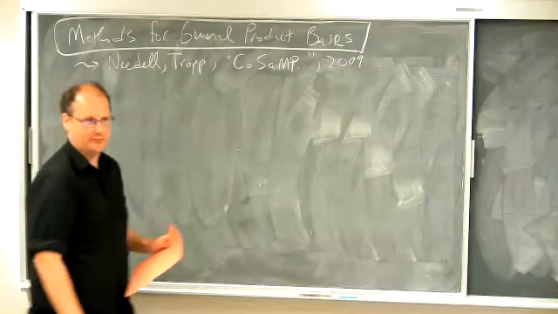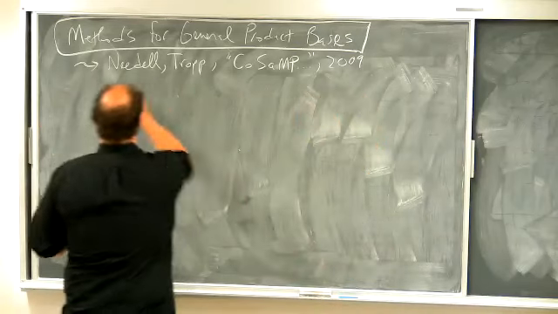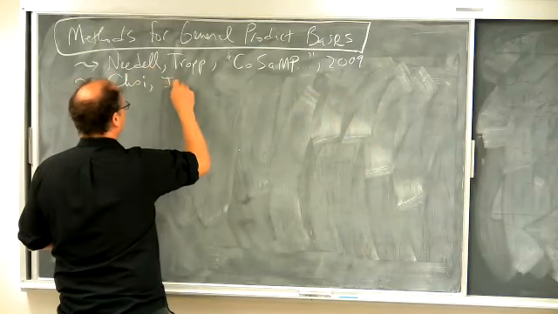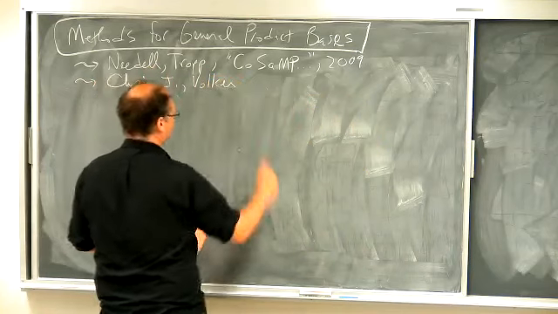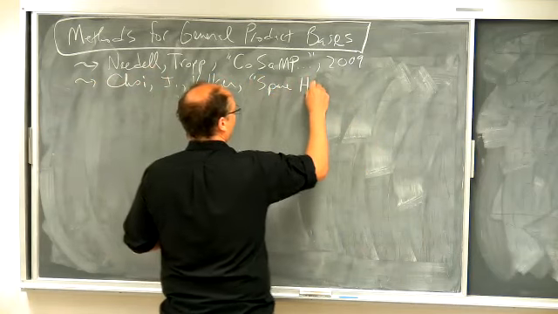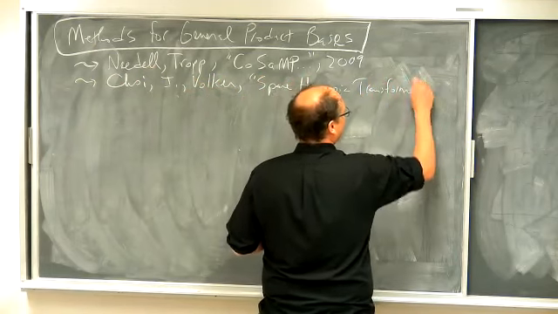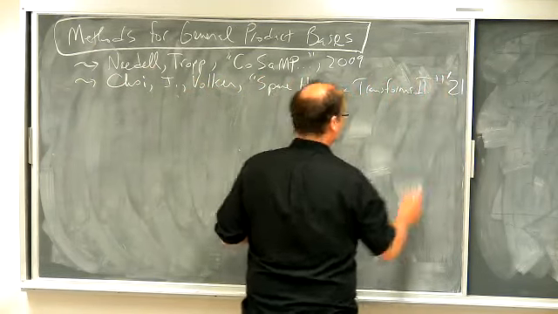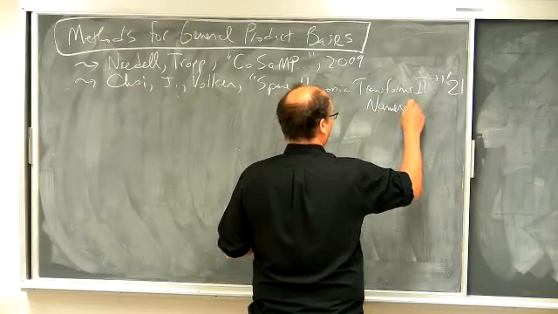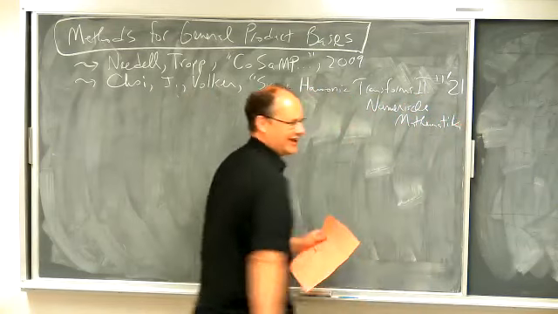And the other modifications of it that I'm going to start tossing in right away, more or less, can be found in a paper by Bosu Choi, myself, and Tony Volkmer. It's "Sparse Harmonic Transforms 2", from last year in Numerische Mathematik, not pronounced correctly, I'm sure.